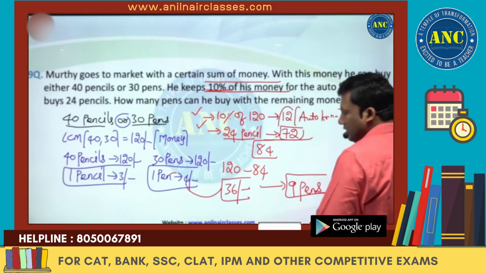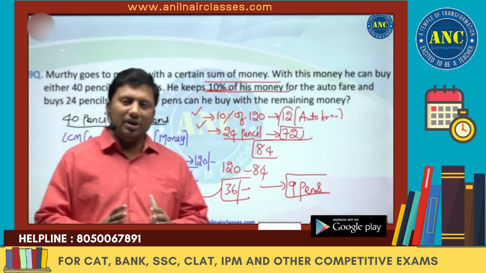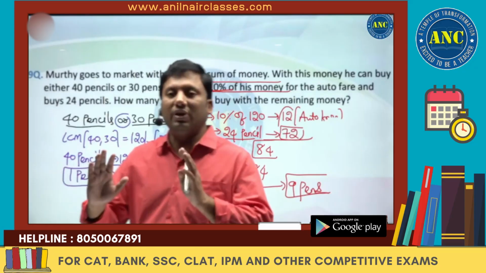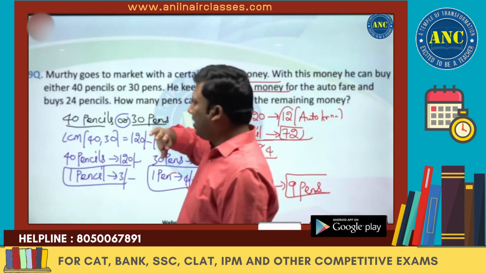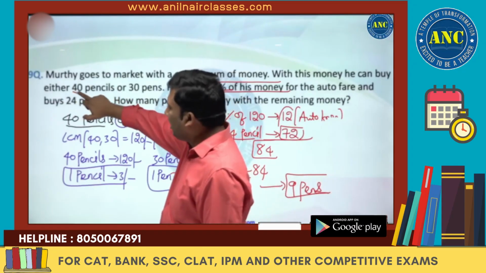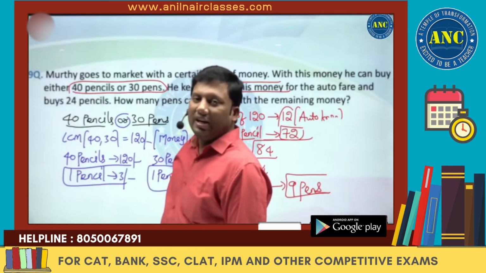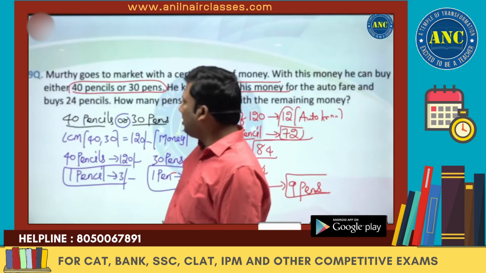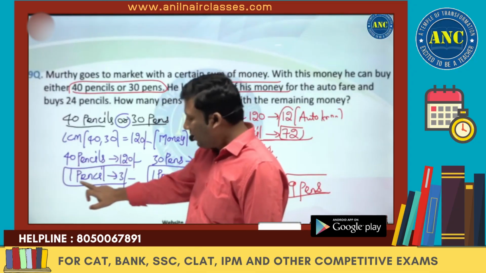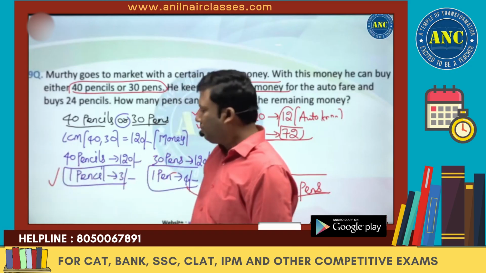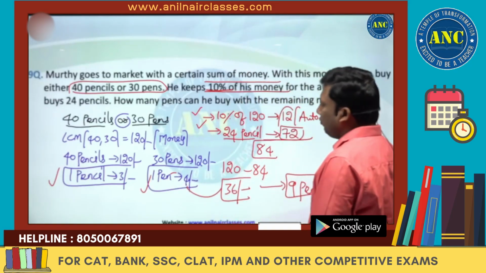Very, very easy question. Again I am explaining, listen carefully, sir. He went to a shop with a certain money. We do not know that money. One way is to call it X. Another way is, he has given a hint for us. With these 120 rupees, he can buy either 40 pencils or 30 pens. 40 pencils at 120 rupees, each pencil costs 3 rupees. 30 pens at 120 rupees, each pen costs 4 rupees.